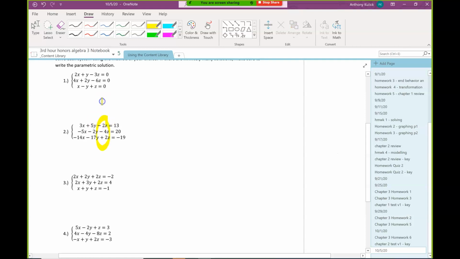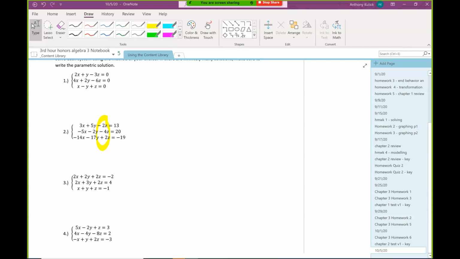Okay. So to eliminate the z's, what did you do? Yep. No, I trust that you probably were. So what equations did you add together?